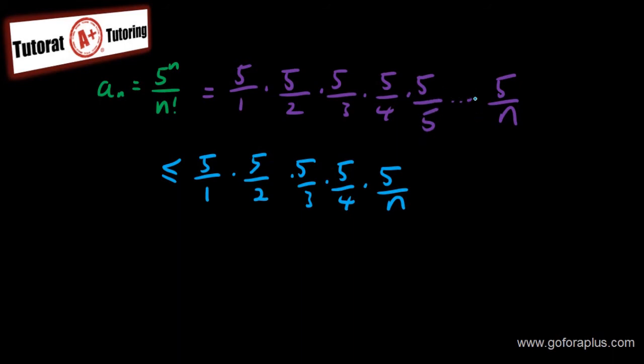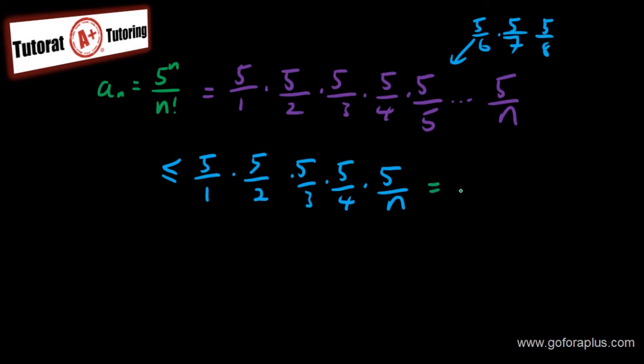It's going to get smaller and smaller. That's why this part is smaller or equal to this here. In between, I have 5 over 6, 5 over 7, 5 over 8. These are all smaller than 1, right? So I don't have to write them out. I know that it's always smaller or equal to this part.